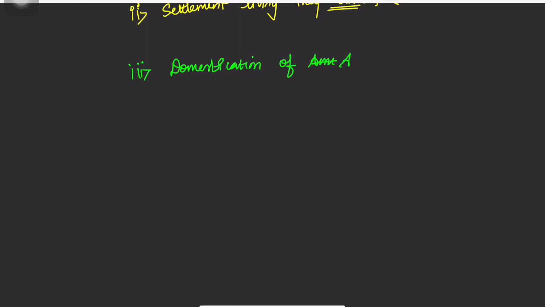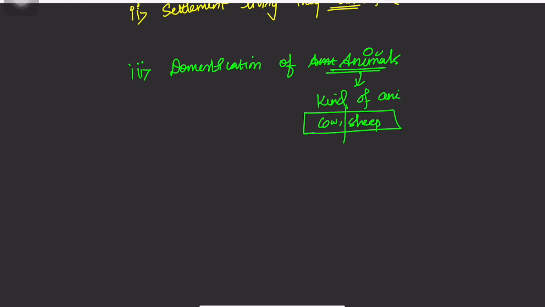Domestication of animals, because before that they got to know the different kinds of animals. Some animals like cow, sheep, they are not going to go for a fight. Okay, so they remembered these kinds of animals and they domesticated them.